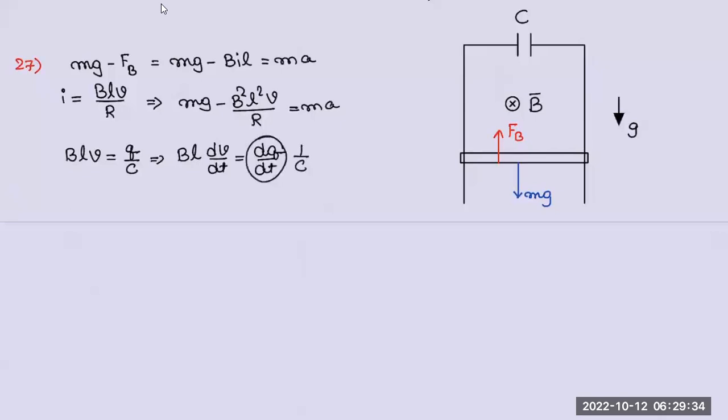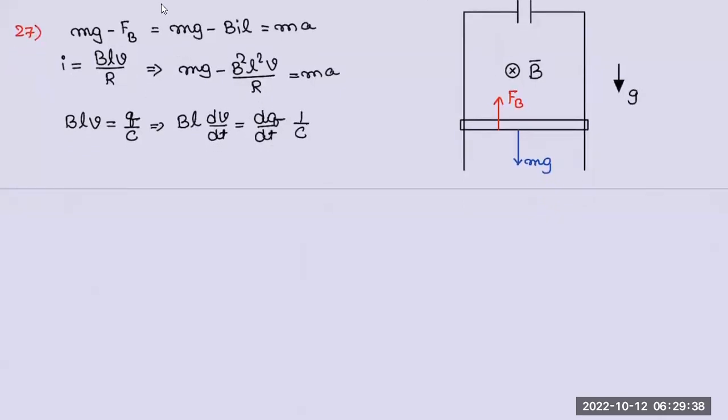Now this is I, this is A. There is a relation between I and A. So BLA must be equal to I by C. Wait, you don't need to use this one. Directly you can use this equation here. So use that equation: I is equal to BLAC.